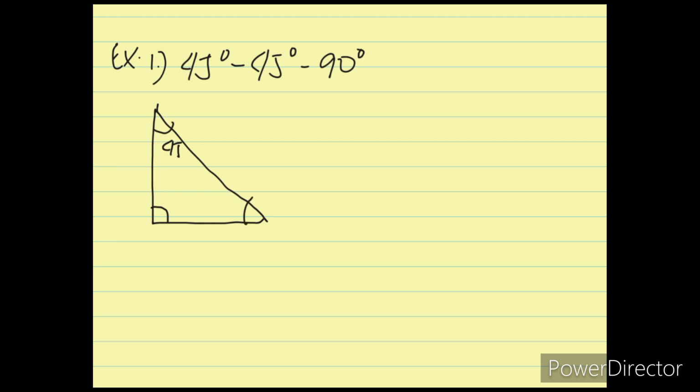So the 45 and 45, and this is 90. Let's say that the length of each leg is 1, and our hypotenuse, like what I said, is square root of 2 times the length of each leg. So the length of our leg is 1. We multiply it by square root of 2. Therefore, our hypotenuse is square root of 2.